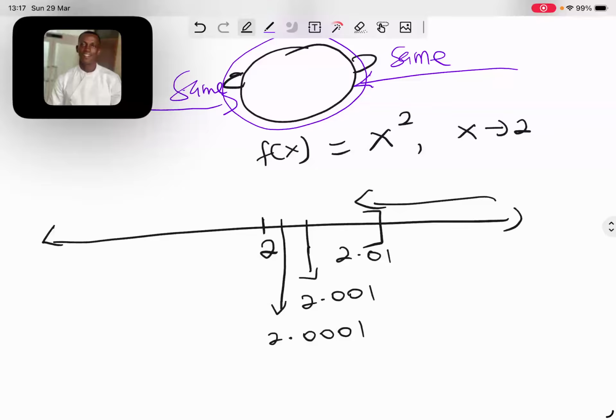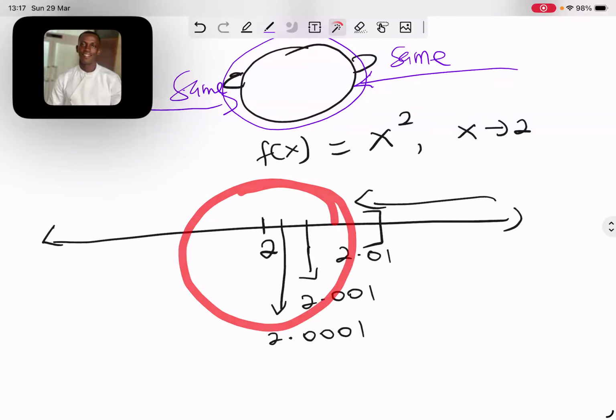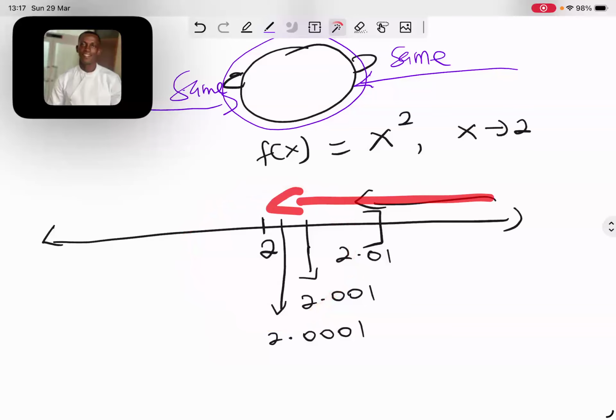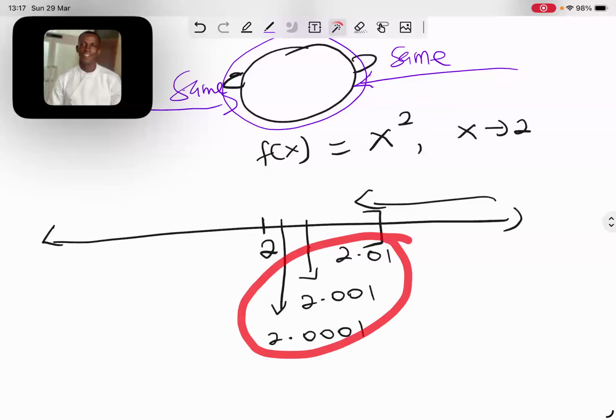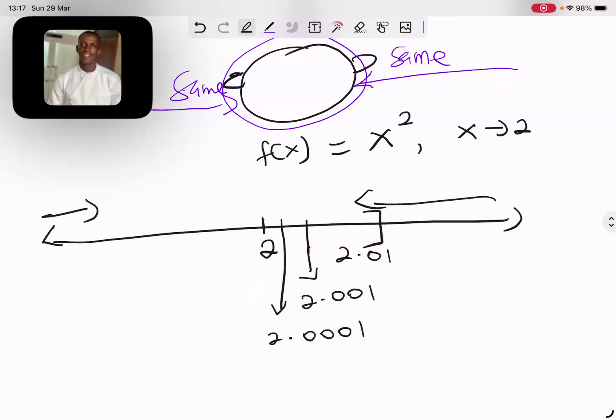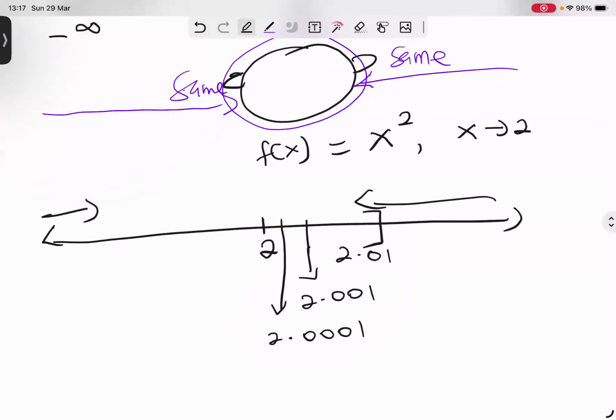You could also pick 3, but 3 is far away from 2. We want to look at the behavior of the function in the vicinity of positive 2. So we look for the vicinity of positive 2 from the positive infinity direction, and some of the numbers are these. Then we also pick some of the numbers from the negative infinity direction.